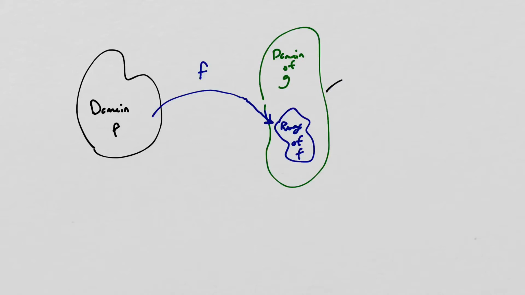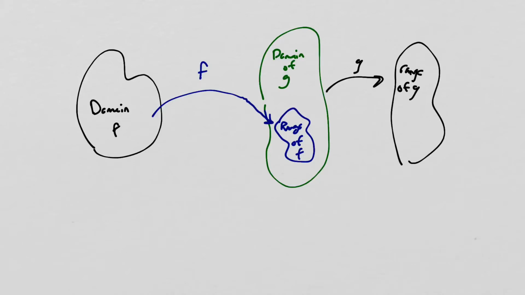Now over here again we have the function g, and we also have the range of g. Underneath our map g, the range of f is taken to some subset inside the range of g. Again, this gives you a good idea of what's going on, but it's not an exact picture.